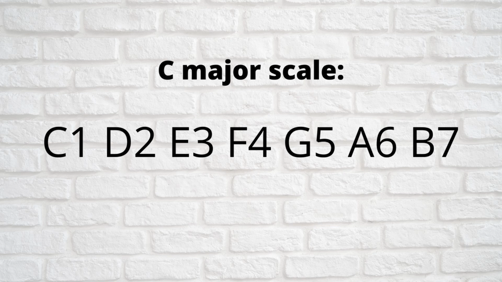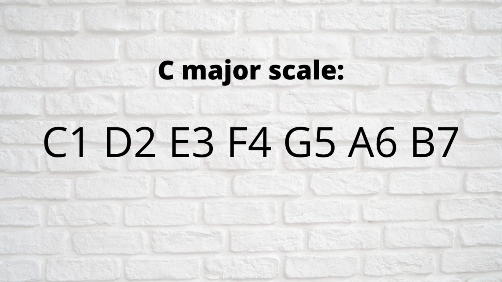Not just C, but each and every note of the C major scale can be the root of a new triad. That means that in addition to C, we can also build chords on D, E, F, G, A, and B, giving us 7 triads in all.